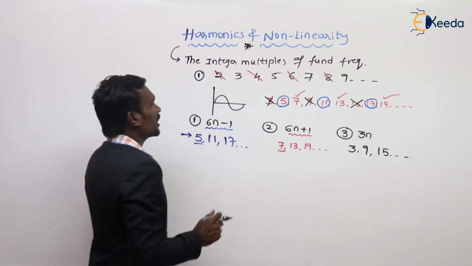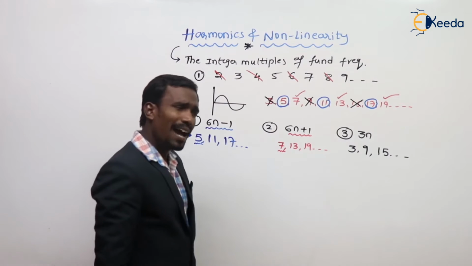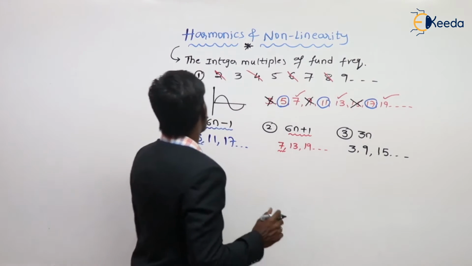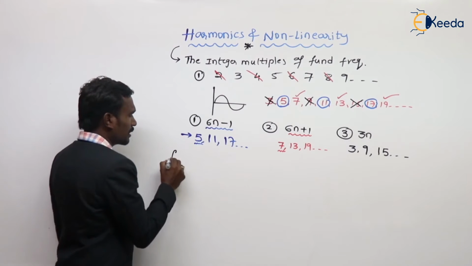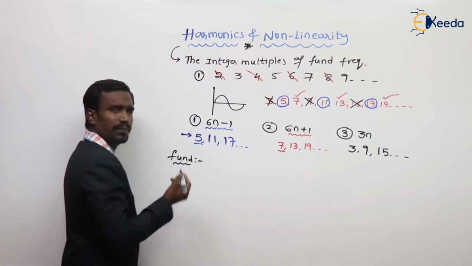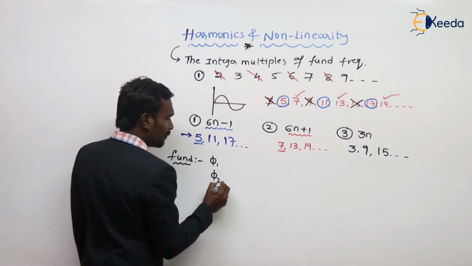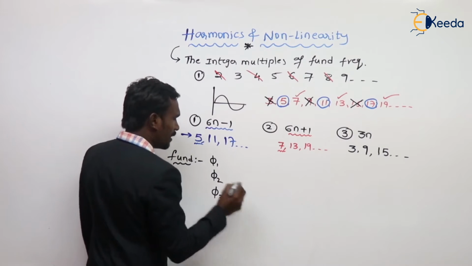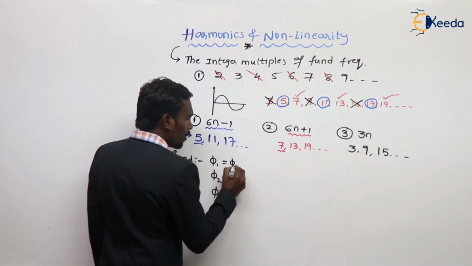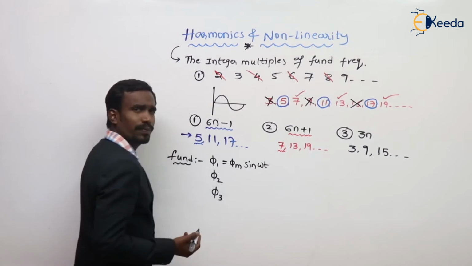In this, generally, the fundamental frequency has some principles. What is that principle? We have a three-phase system, for example, phi 1, phi 2, phi 3. Phi 1 is equal to phi m sine omega t.